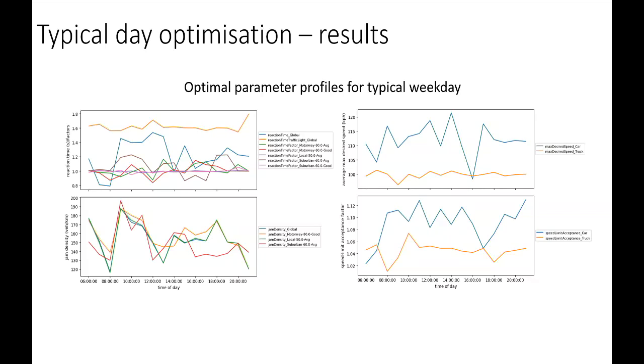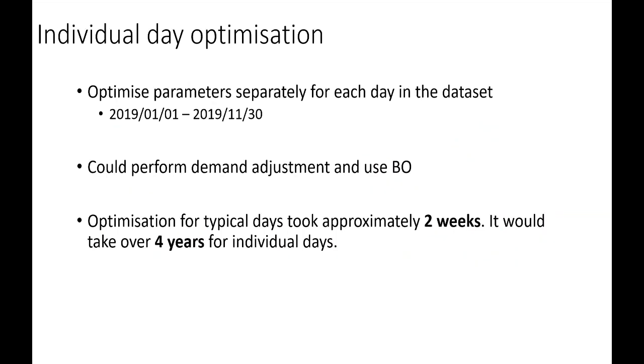So we're going to leave this alone for now and think about optimizing for the individual days. Rather than looking at the typical day, I want to now try and optimize with respect to individual days within a year.